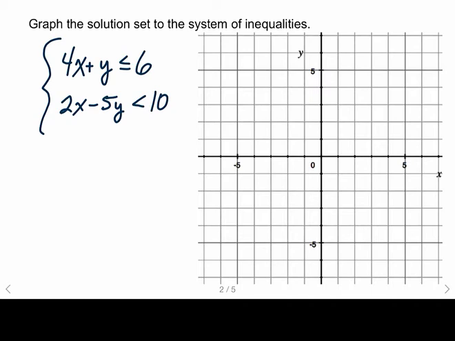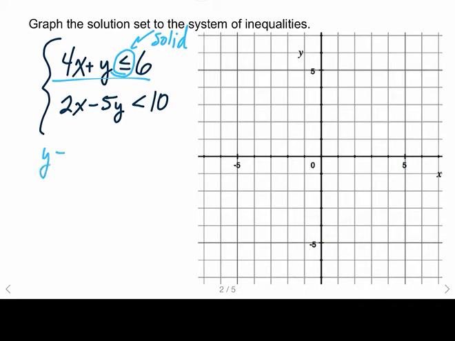Okay, we're going to graph both lines. The first one, 4x plus y is less than or equal to 6. I'll do that in blue. Now I see that because it's less than or equal to, the line will count. And so this is actually going to give us a solid line in our graph. I think it's easiest if we put this in y equals mx plus b form.